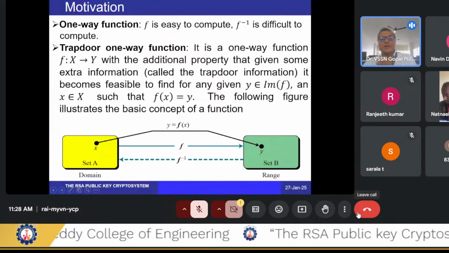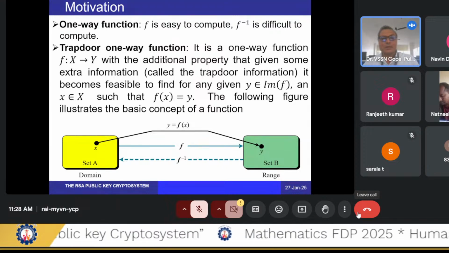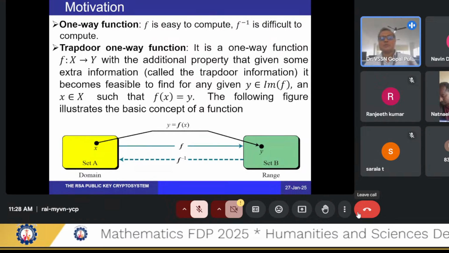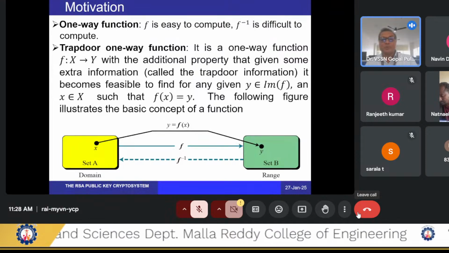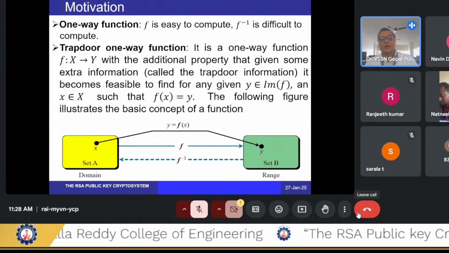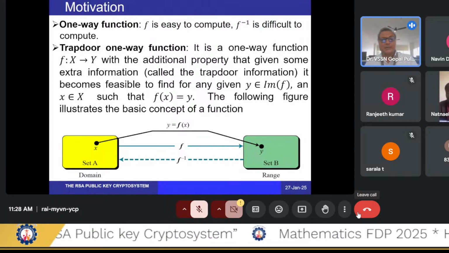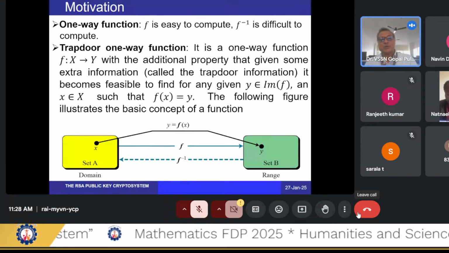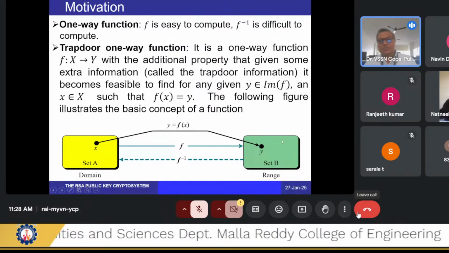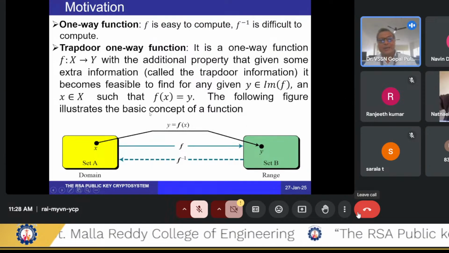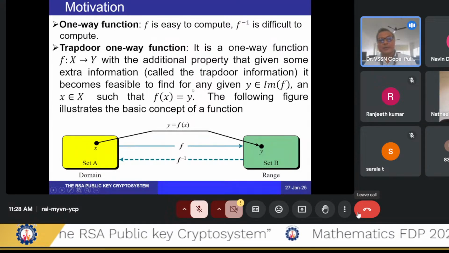By a trapdoor one-way function we mean a function f mapping from x to y, with some additional information, which we call trapdoor information. It is feasible to find, for any given y in the image of f, an x such that the image of x under f is y.